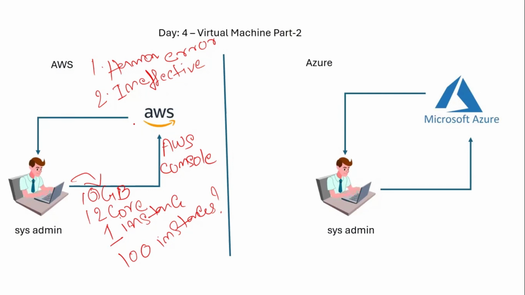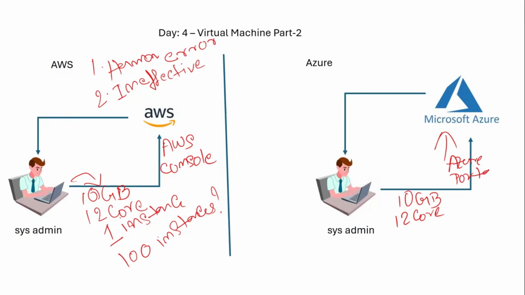And quite the same thing is applicable in the case of Microsoft Azure also. In Azure also, this sysadmin is going to place a request of say 10 GB and 12 core CPU, and this goes to Azure by using the Azure portal. In Azure, we call it the Azure portal.